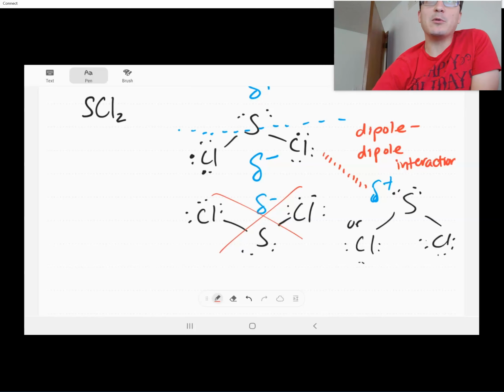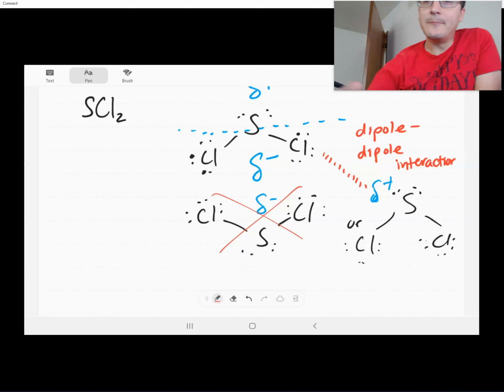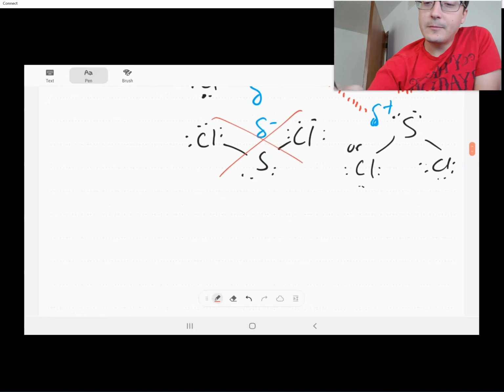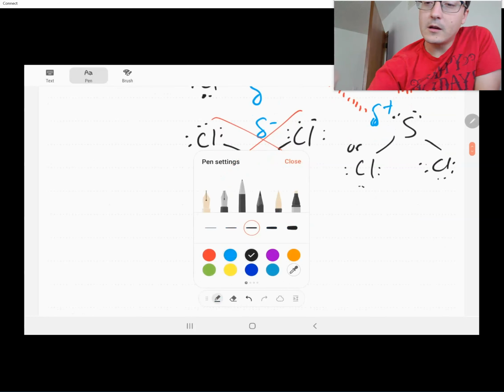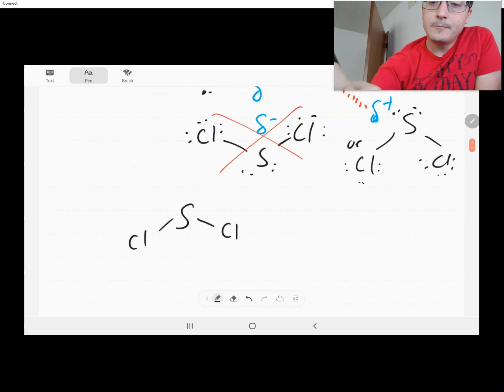And that's what a dipole-dipole force is. It doesn't have to be the same molecule. We could have them interacting with other molecules.